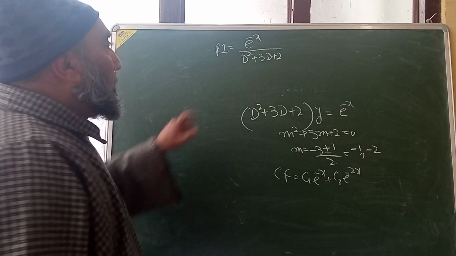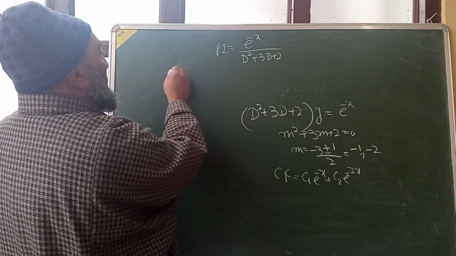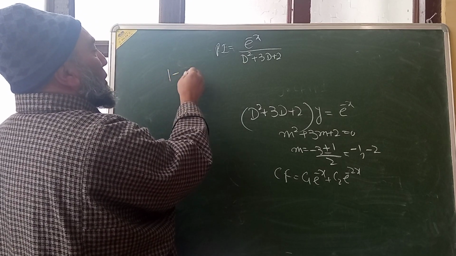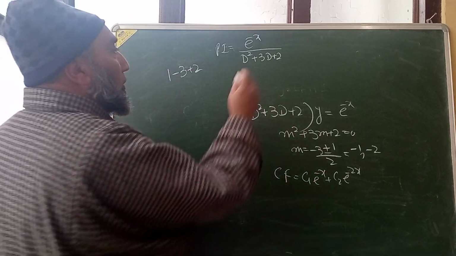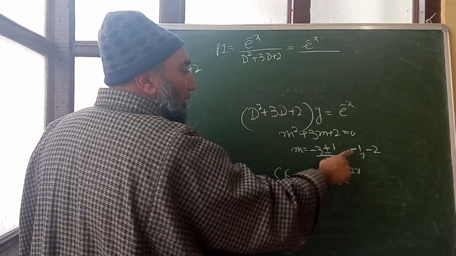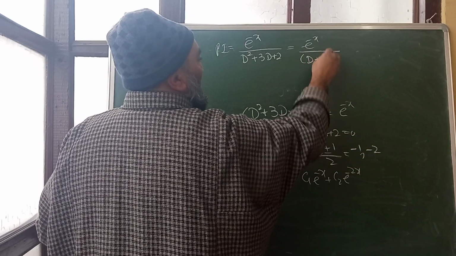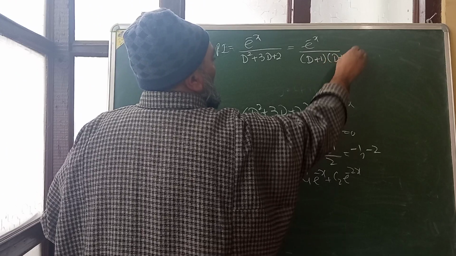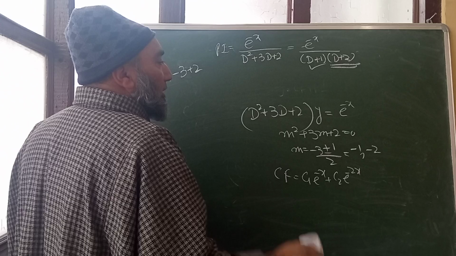Now what you have to do is replace D by minus 1. This is minus 1 square is plus 1, 3 into minus 1 is minus 3, plus 2. This is a case of failure. Now how to do it? I have to break it into factors. You have two factors, minus 1 and minus 2. So (D plus 1) and (D plus 2). You see, this one is not a case of failure, but this factor is a case of failure.